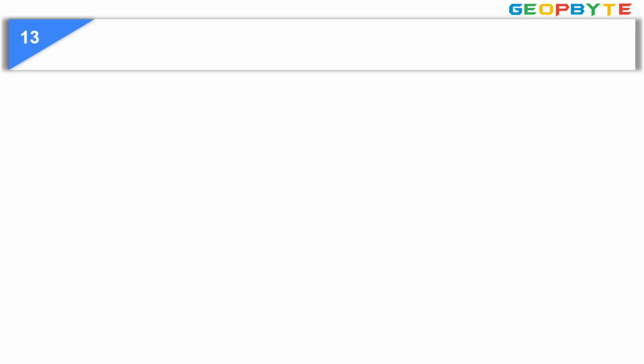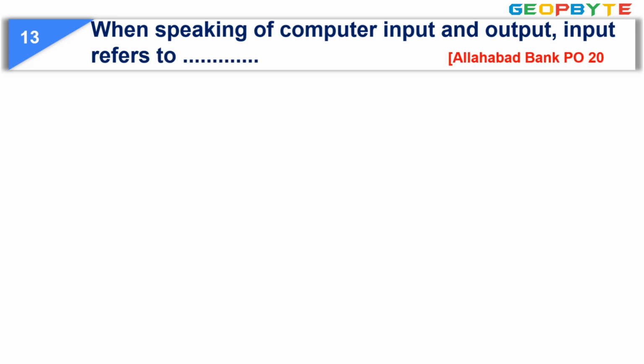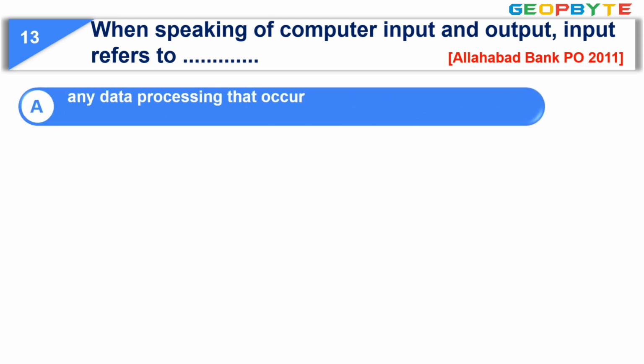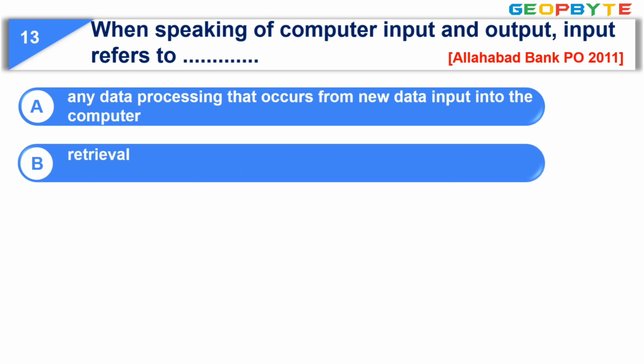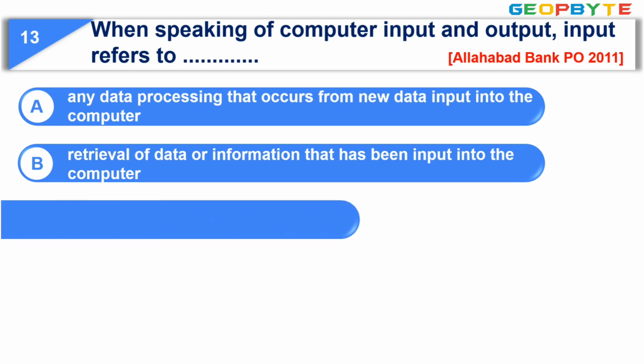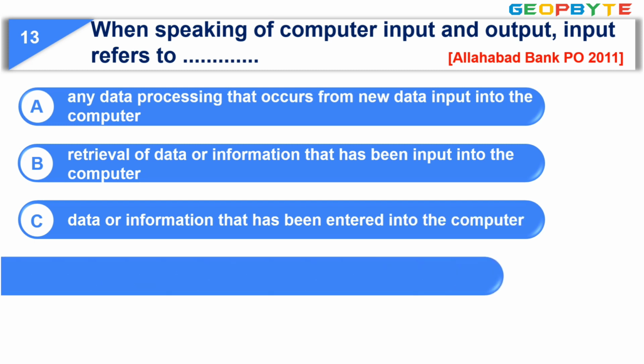Moving to question number 13. When speaking of computer input and output, input refers to: option A, any data processing that occurs from new data input into the computer. Option B, retrieval of data or information that has been input into the computer. Option C, data or information that has been entered into the computer.